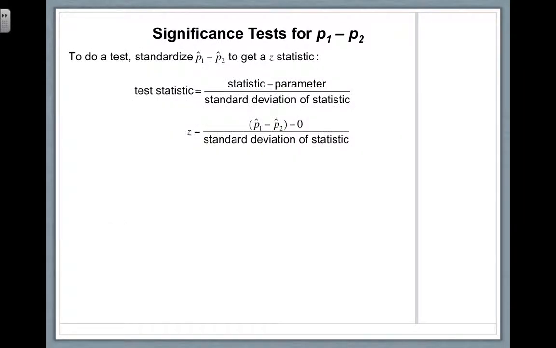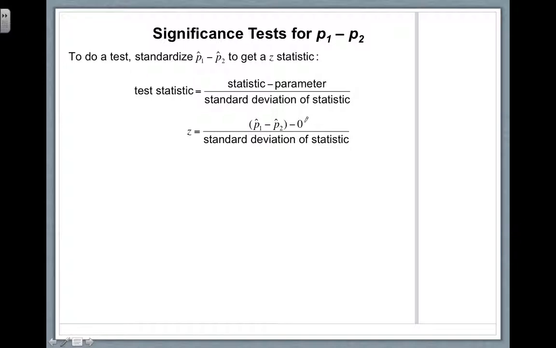So our test statistic is still found the same way. There's a slight difference with it. It's the same formula that we use for a one sample, only because it's a two sample, our statistic is found by taking the difference of the two proportions.